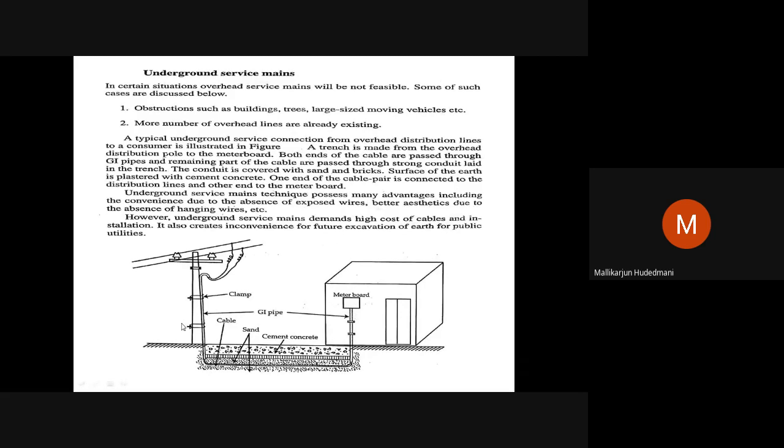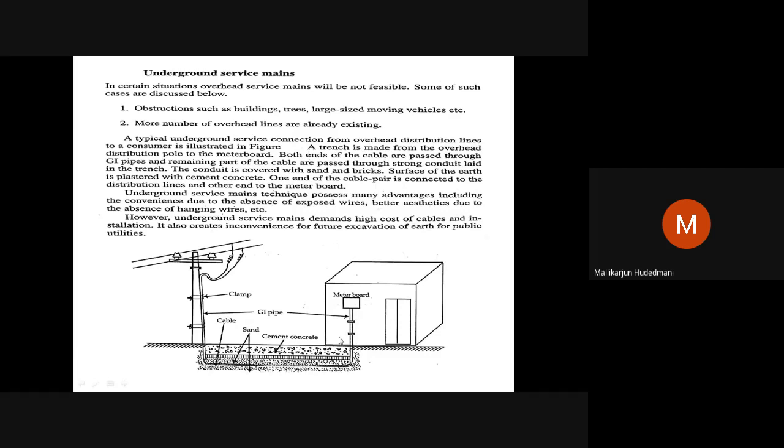So what is being done? The conducting material, the two cables I have here, line and neutral, is taken into the galvanized iron tube and buried in the trench. With the help of sand and brick lining, it is protected from mechanical injuries, so that the cable is always inside the ground and is open only at the meter box inlet.